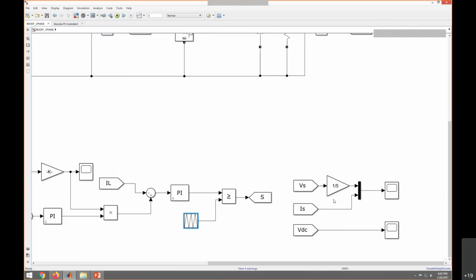I just used some multiplier, because generally the voltage value will be higher, so you cannot see the proper relation of the waveforms. I just divided this by 1/5.